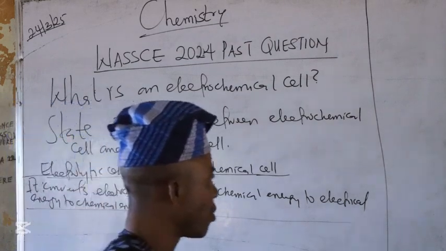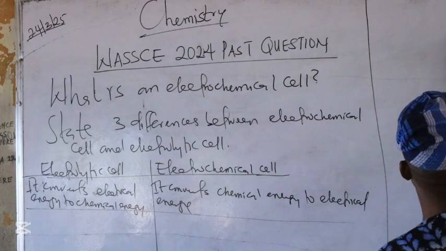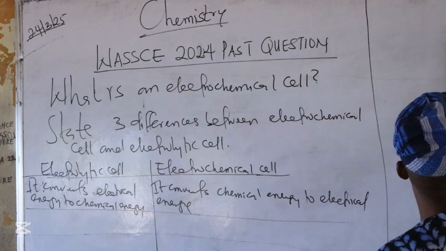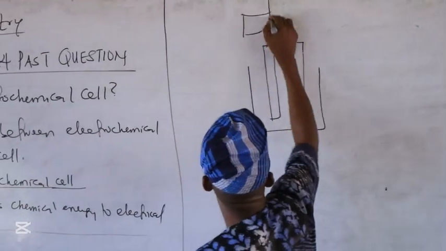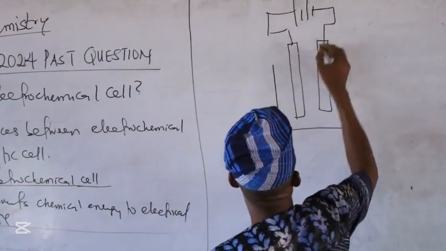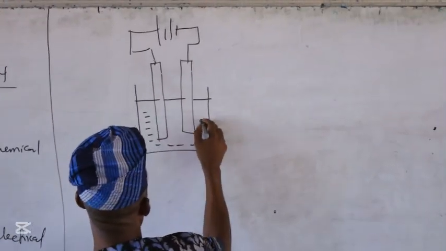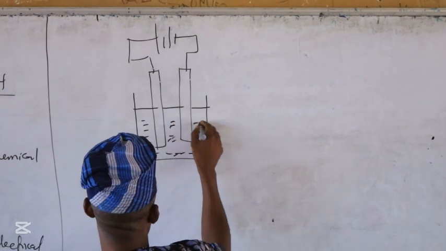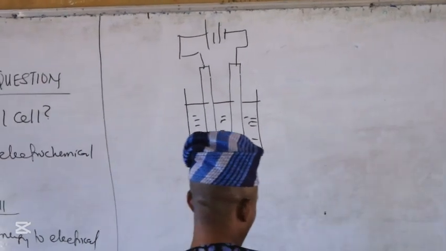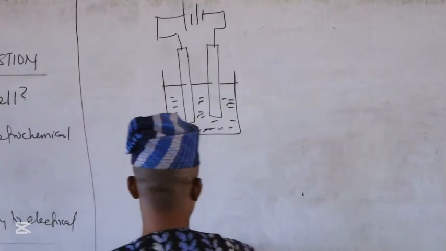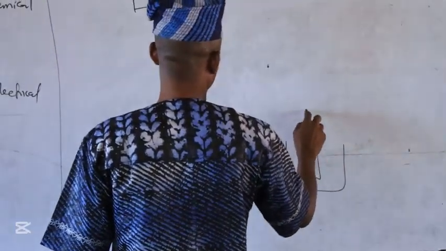Now let me make it simpler for you. This is a diagram that illustrates electrolytic cell. They can represent a typical diagram to represent electrolytic cell. So let us look at a typical example of electrochemical cell.